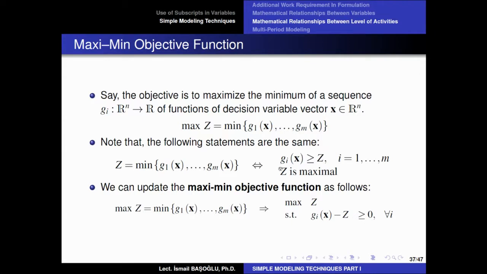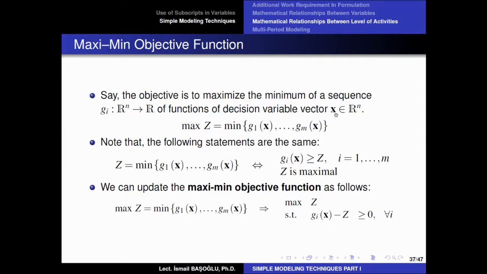However, this time we should be very careful in how we are going to write the statement. Now, let's just say this time our objective value is the maximization of the minimum of a sequence of functions of the same decision variable.